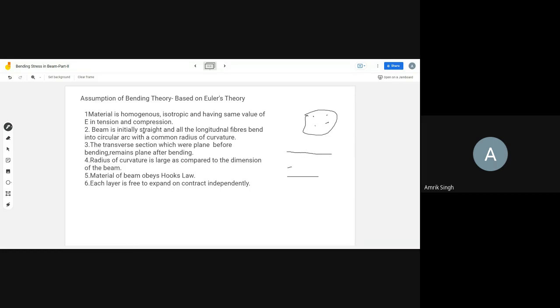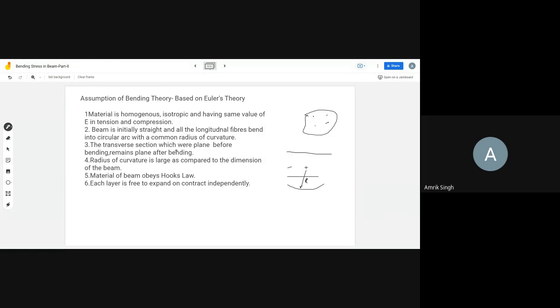The longitudinal fibers bend into a circular arc. These are the fibers, and they bend into a circular arc like this, with a common radius of curvature. So this is the radius of curvature.